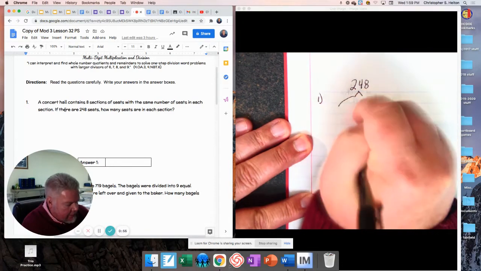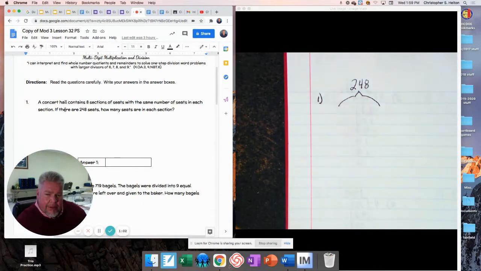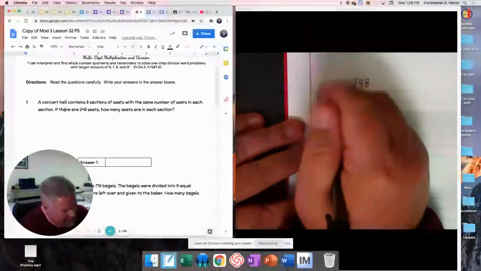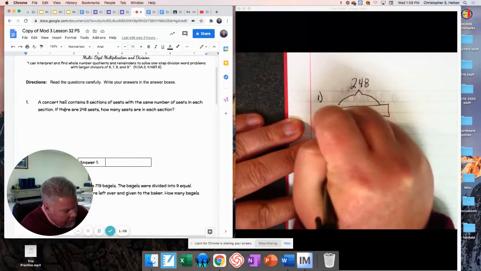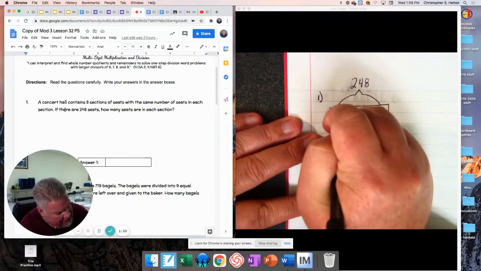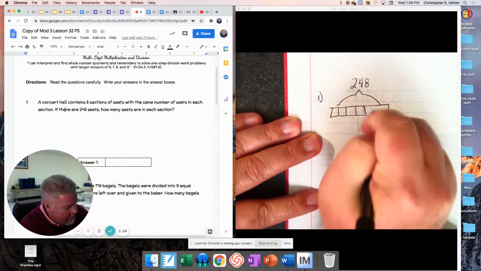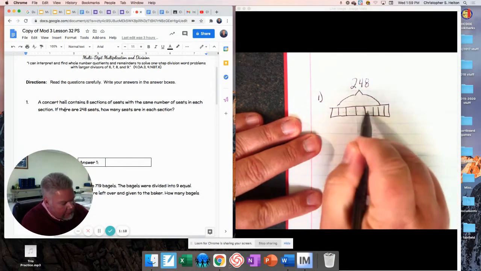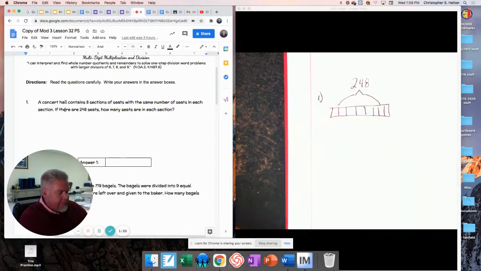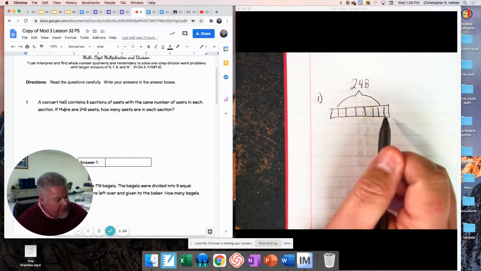Now, if I'm going to use a tape diagram, it's going to look something like this. And how many sections are there? There's 8 sections. So we're going to draw this box here. We're going to make it 8 sections. 1, 2, 3, 4, 5, 6, 7. That should work. 1, 2, 3, 4, 5, 6, 7, 8. So every one of these 8 sections has an equal number of seats in it.